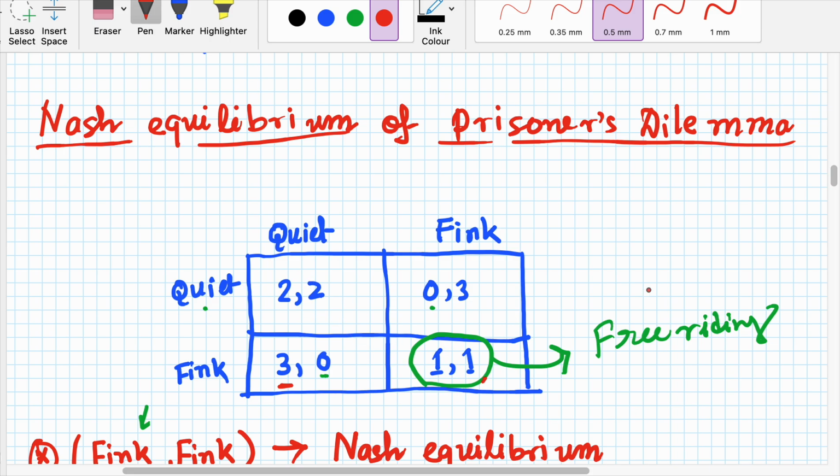However, out of the fear of free riding, everyone will want to stick with the strategy to confess, and that is the worst outcome possible.